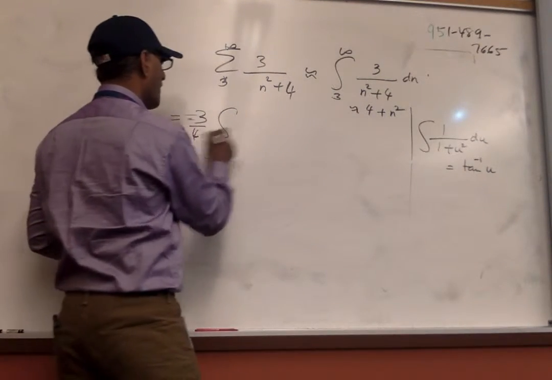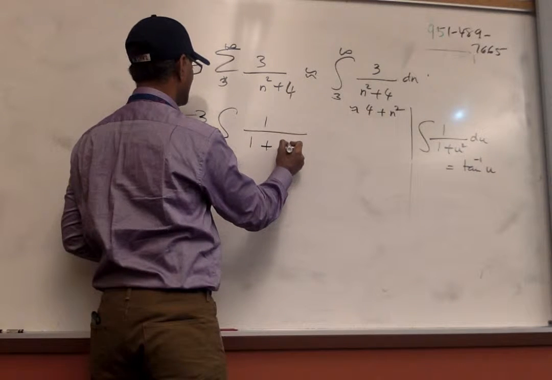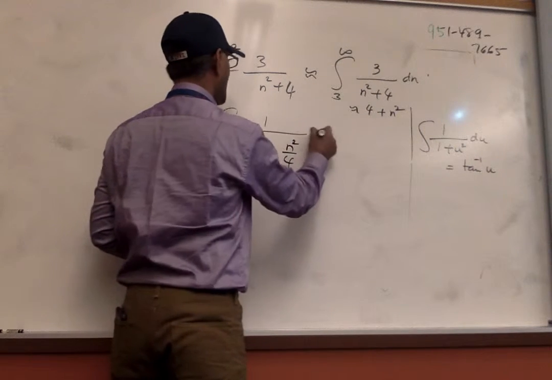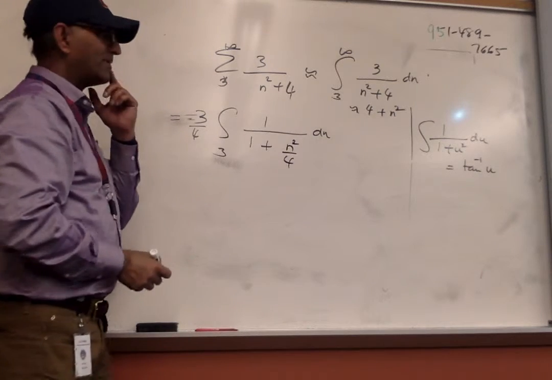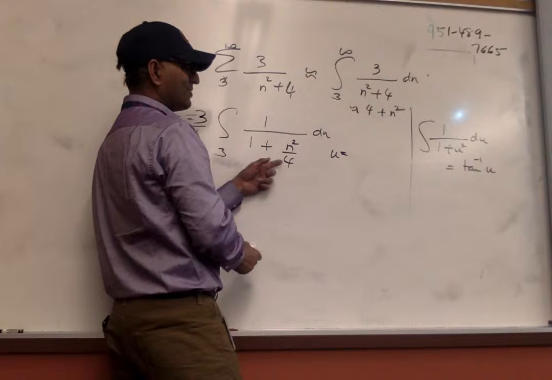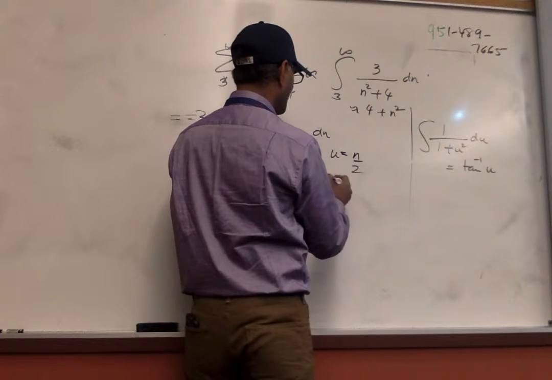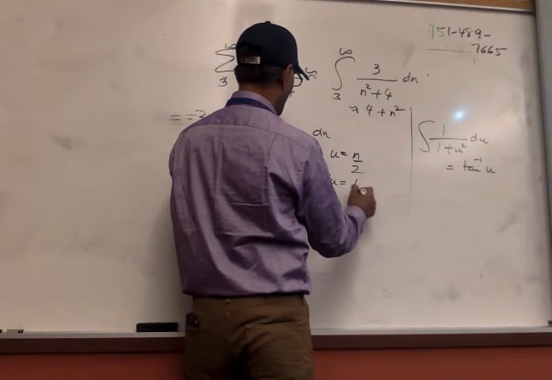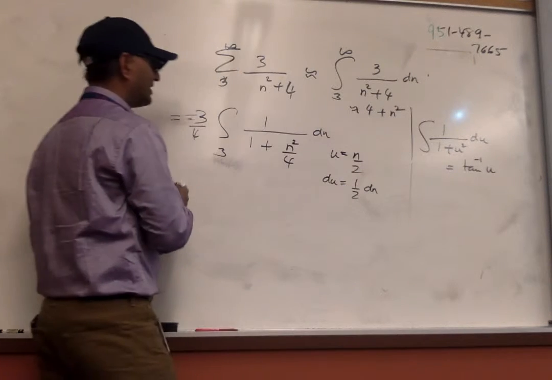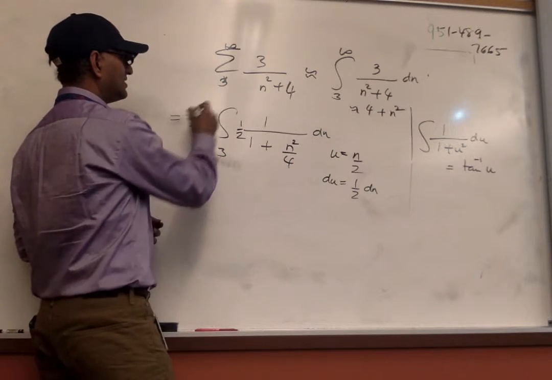So if I pull out that 4, the expression really becomes 1 plus, who remembers, n squared over 4, dn. Now I'm going to do u sub. u equals, who remembers? I'm pointing. Who remembers what I choose u to be? n over 2, very good. Or half n. Therefore du equals 1 half dn or dn over 2. Introduce a 1 half. Balance with a 2 on the top.